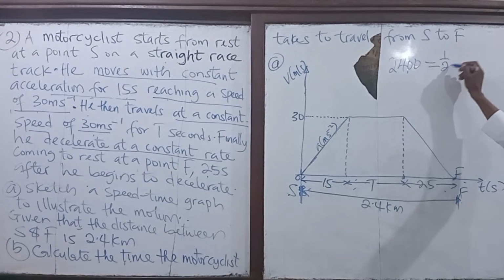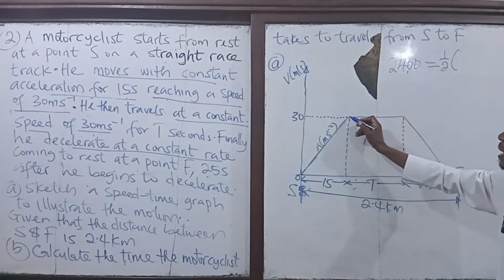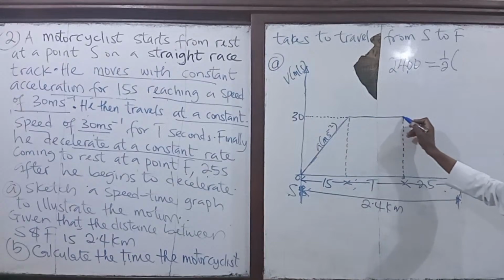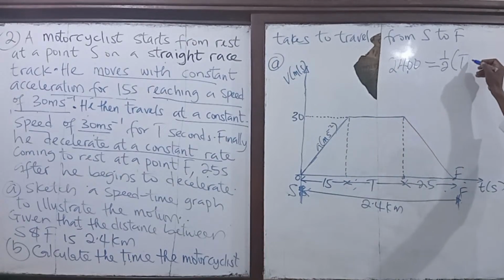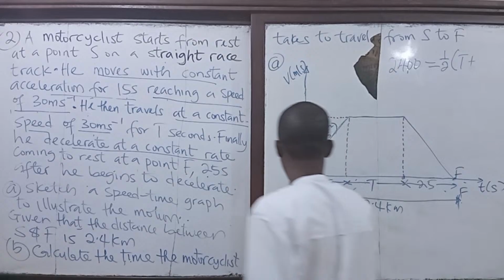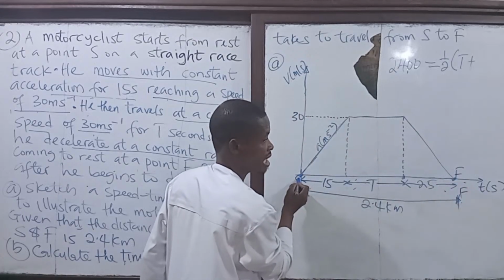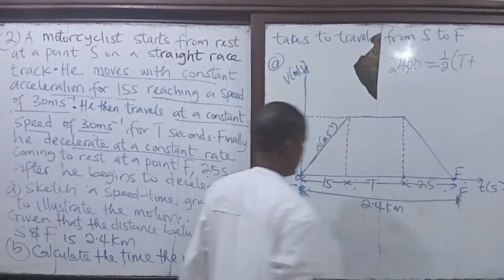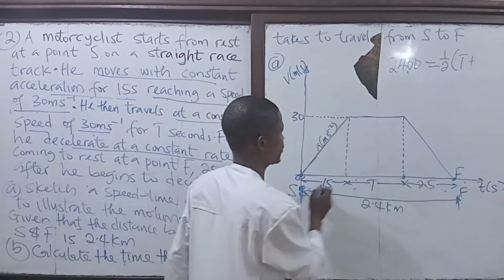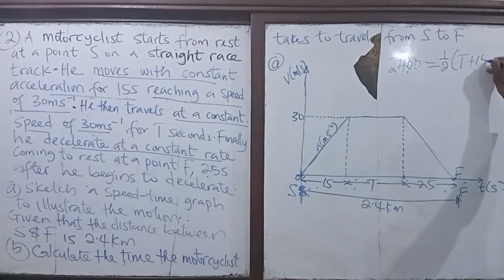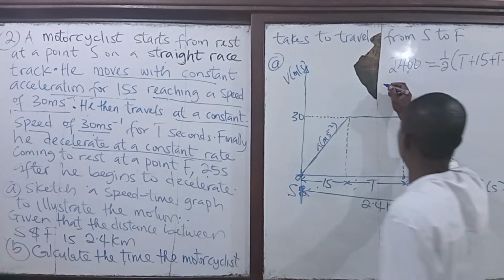That will be half times the sum of the two parallel lines: from here to here, that's t, plus from point X to F, that'll be 15 plus t, and then plus 25.